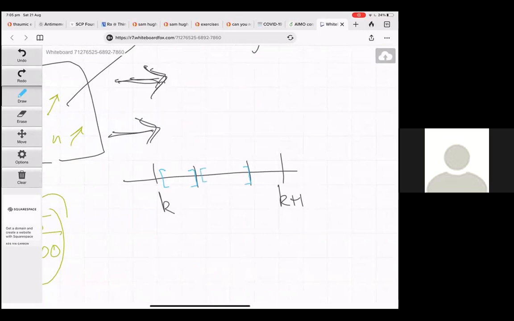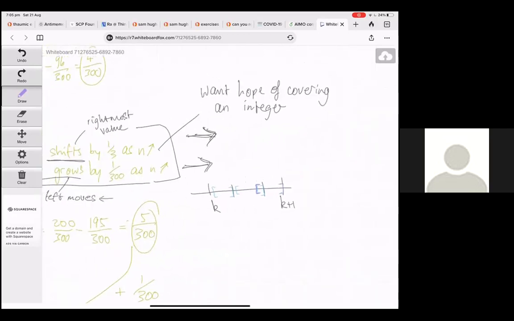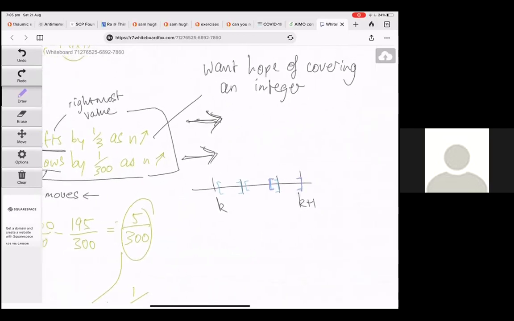So it gets even closer to the left, and then it grows even more until finally the gap covers the next third down. So I need this situation to happen. I need the situation where the gap grows so big that I capture the next third value. That is a necessary condition. So I know that's not an integer, but at least it's a perfect third.